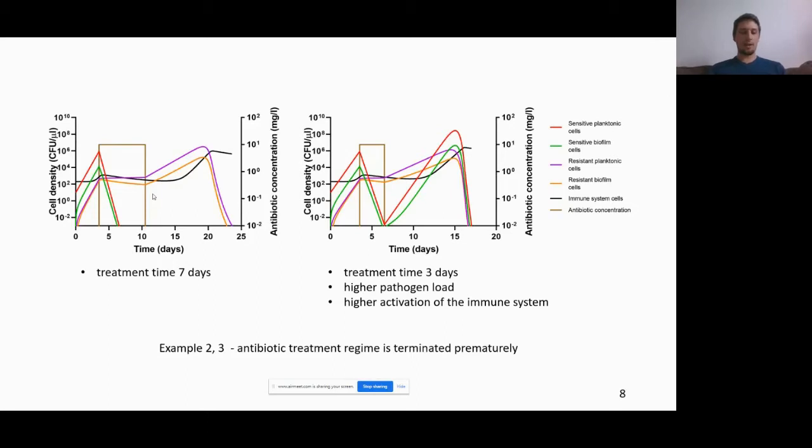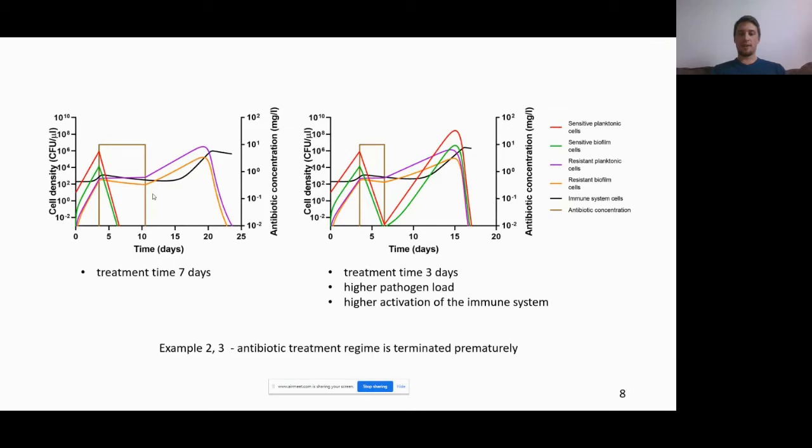Now, in the left figure, a sharp drop in the population size of antibiotic sensitive, both biofilm and planktonic bacteria, is observed as soon as the antibiotic administration commences, and they are driven extinct before the end of the 7th day. Now, antibiotic resistant cells, however, persist and are only extinguished by the immune system long after the therapy has been completed.